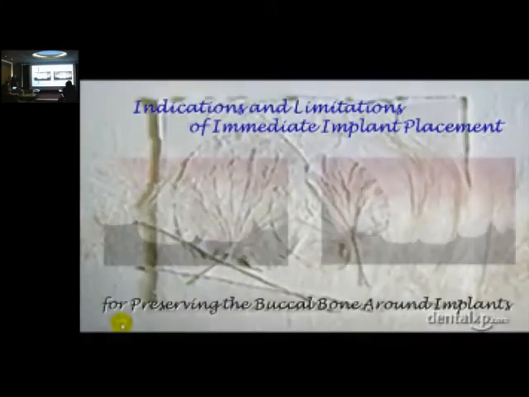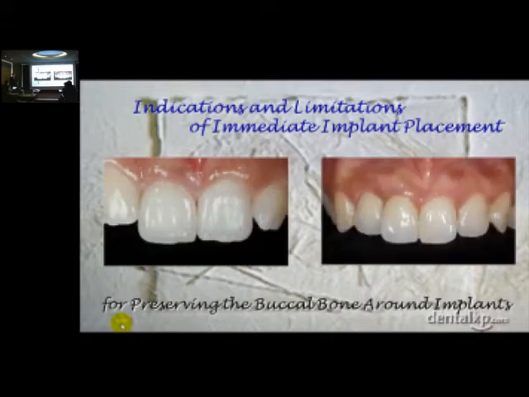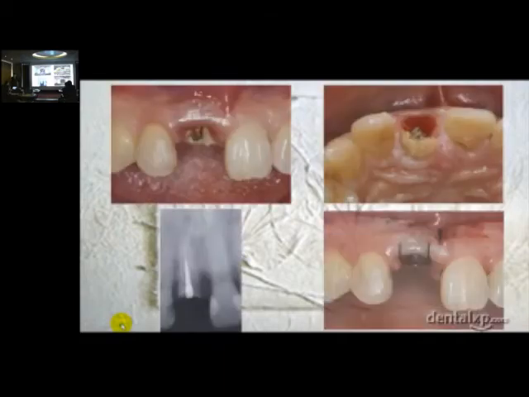First of all, we should understand the indications and limitations of immediate implant placement. For preserving the buccal bone, as you can see, the maxillary right central incisor was fractured, and the implant was placed into the extraction socket.